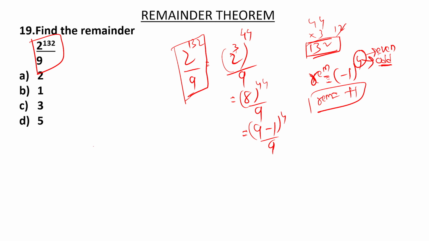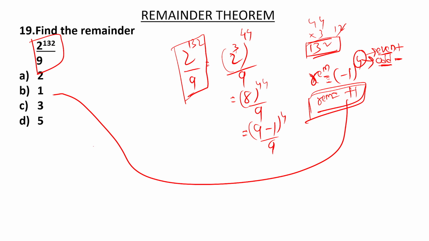For even it is positive, for odd it is negative, and I will show you that in another sum so you can understand how to do it. Here we got the remainder plus 1. Plus 1 is our answer.